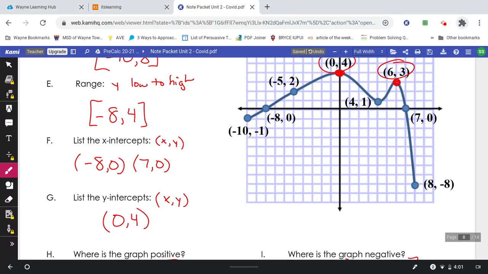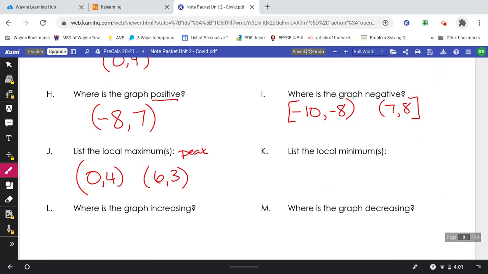So even though this point over here is a low point, it doesn't count because it's not going down and up. The only minimum you have is 4, 1. This one, this is kind of a cliff, so it would not count as a minimum. So that would be 4, 1.